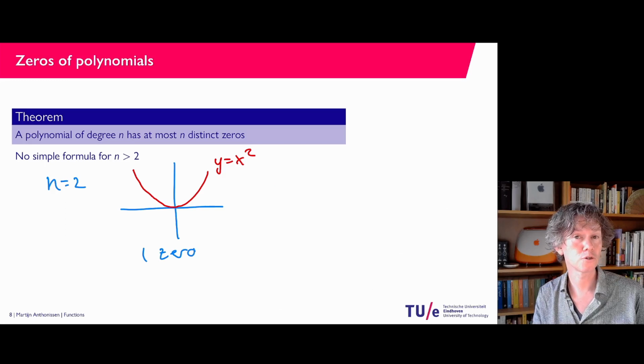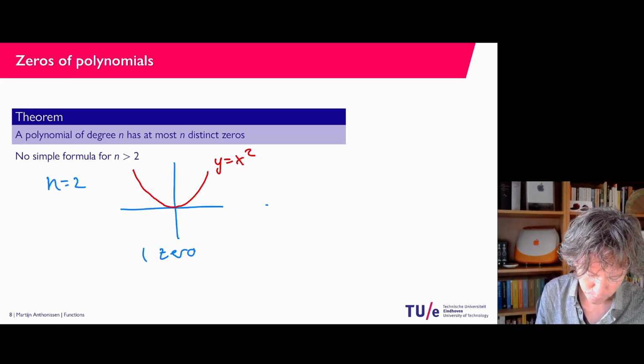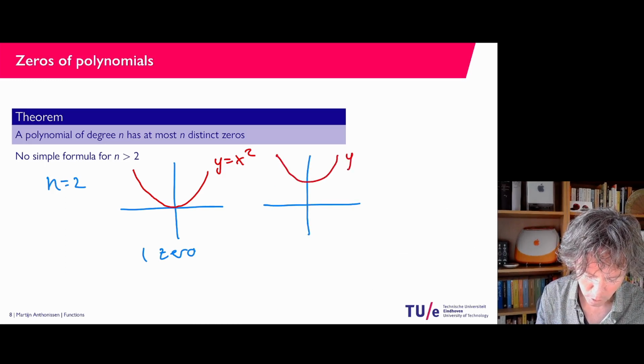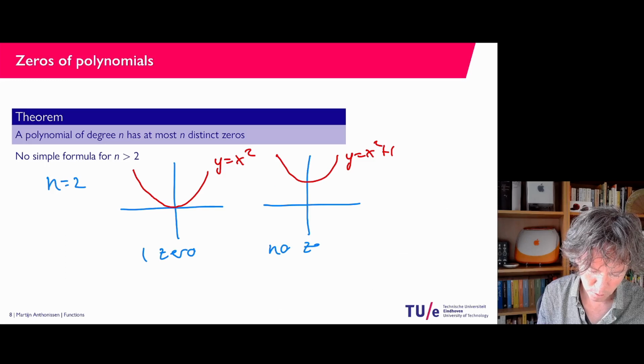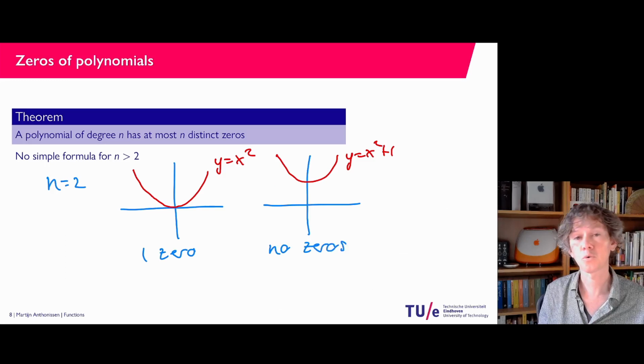X equals 0 is a zero of this function. Now if you simply add 1 to it, so I do y equals x squared plus 1, you see that there are no zeros. It doesn't cross the horizontal axis.